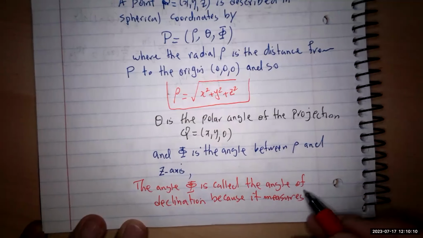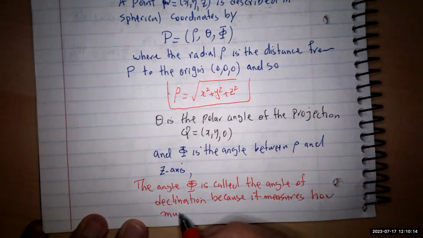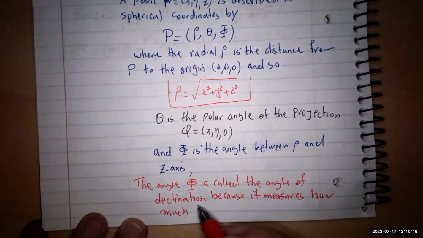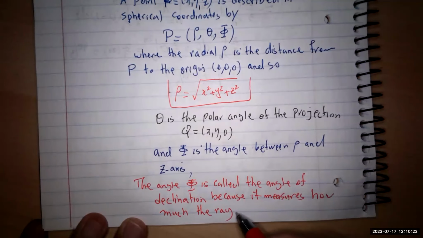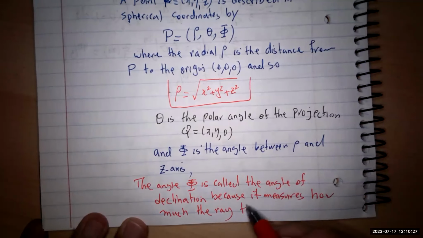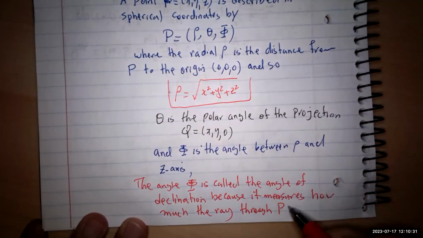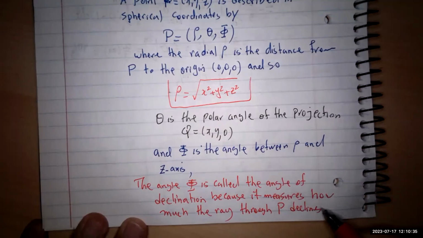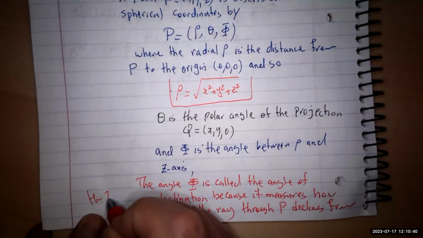It measures how much the ray through P declines from the z-axis.